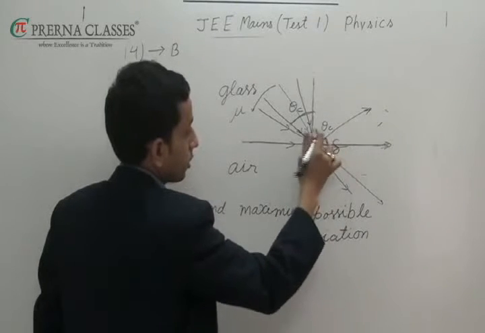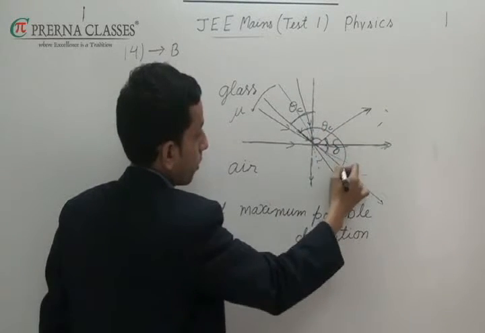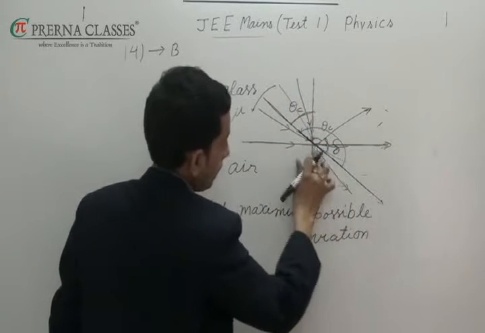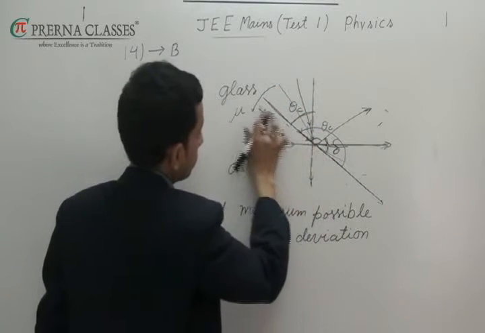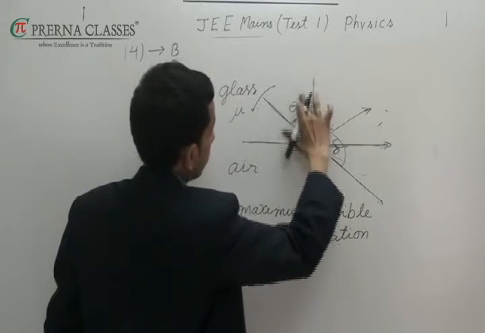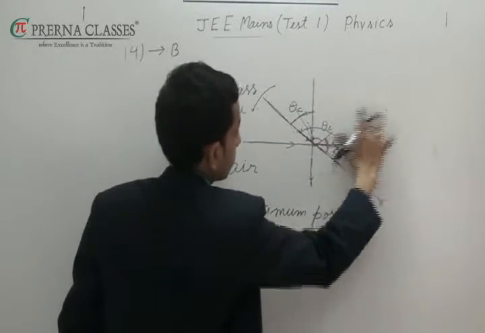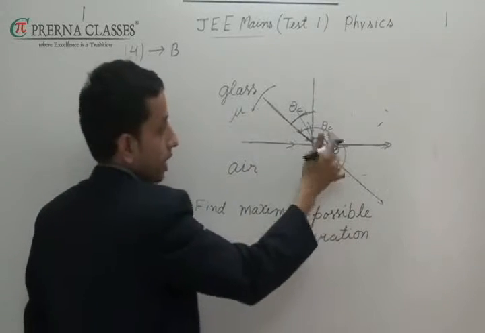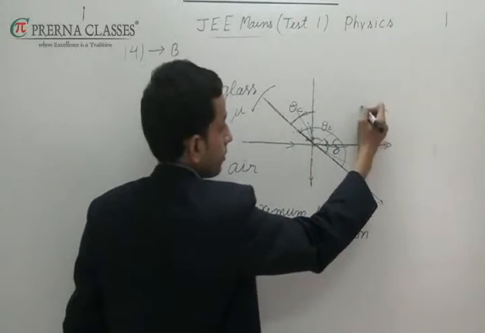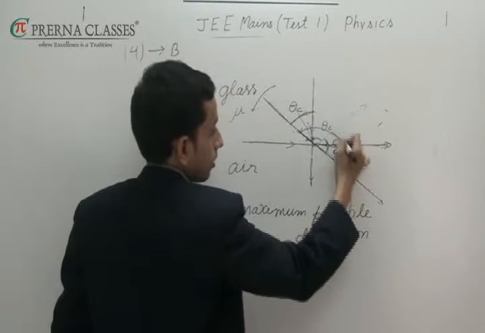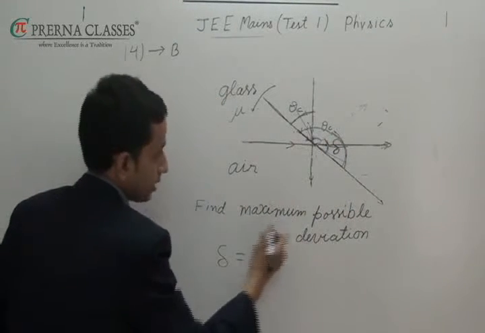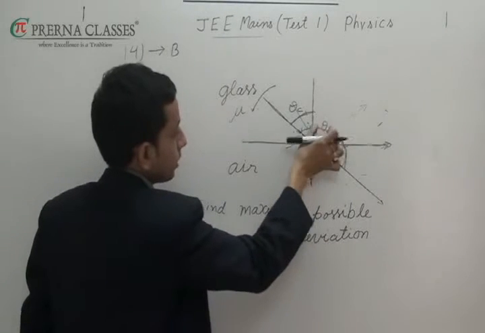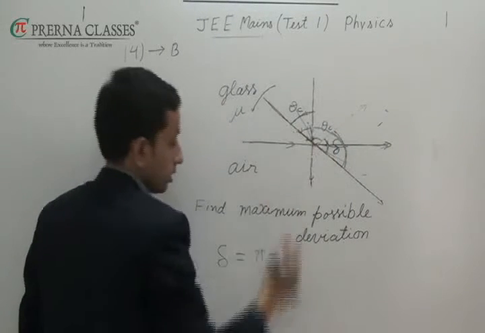The total value is pi for a straight line. If you erase all these other lines, we will get a line without deviation like this, and after getting reflected we will have angle of deviation delta, and we can write its value as pi minus theta c this side and theta c the second one.